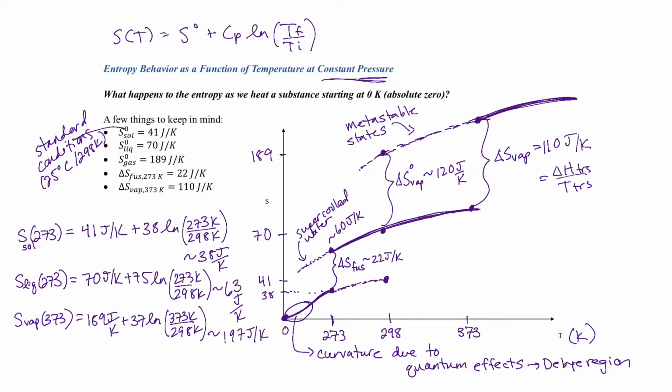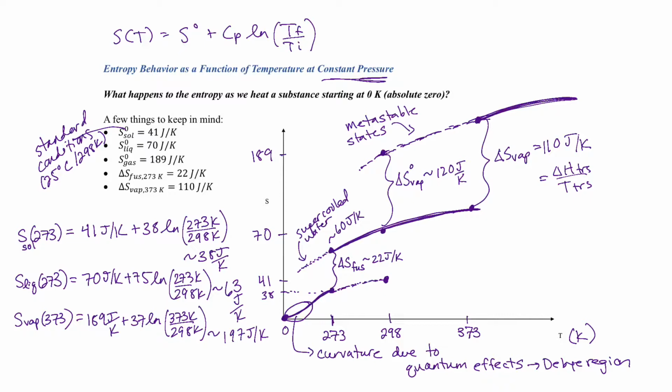I did not draw these to scale, obviously, because this is actually a smaller value. As we increase our temperature, we get a different value for that vaporization phase change. This is how we put together this little map of how entropy changes with temperature.